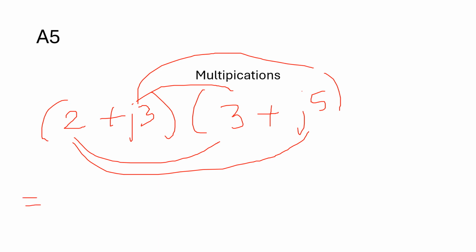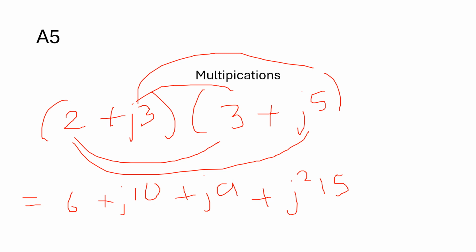So it's going to be 2 multiplied by 3, which is 6, and then 2 multiplied by j5, which is j10. And then j3 multiplied by 3 will be j9. And then here, j3 multiplied by j5 means it will be j squared, 15.